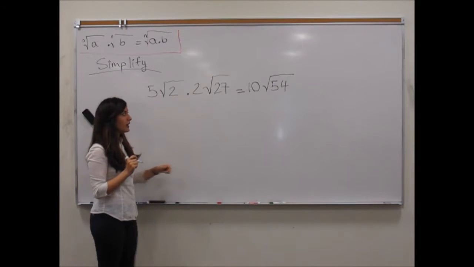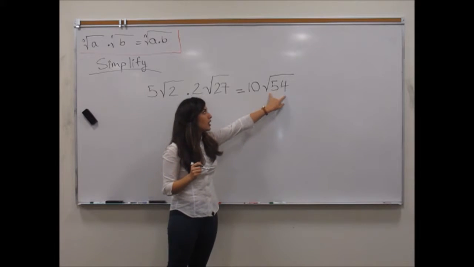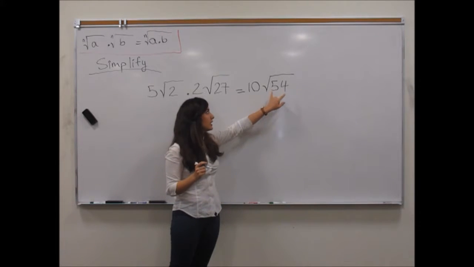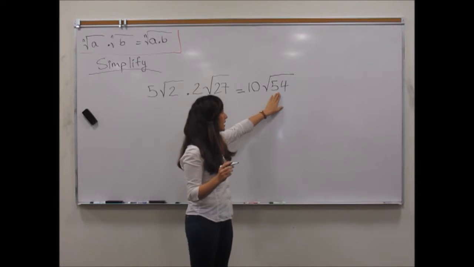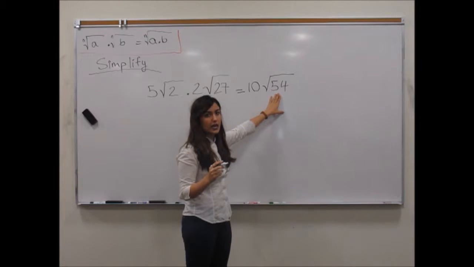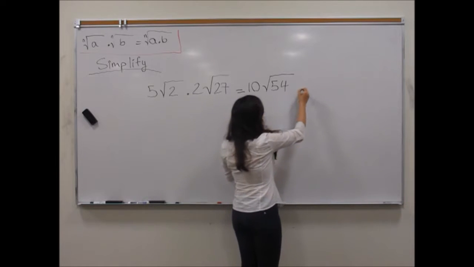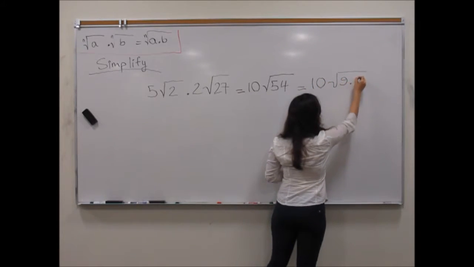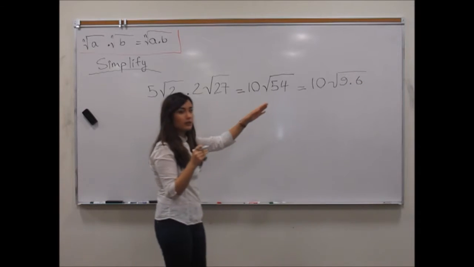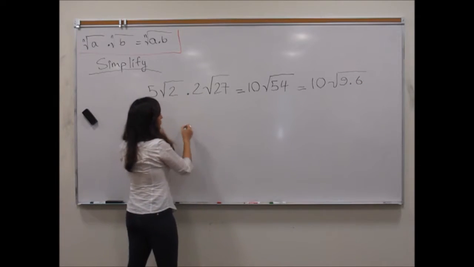So how do we simplify this? The largest perfect square that is in 54 is 9, because I can rewrite 54 as 9 times 6. So let's do that. 9 times 6, and then I'm going to break down that radical into two separate radicals.